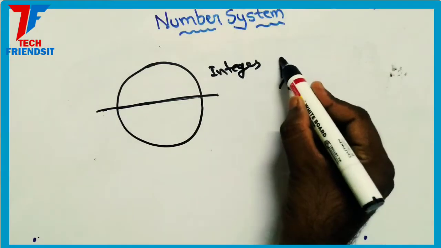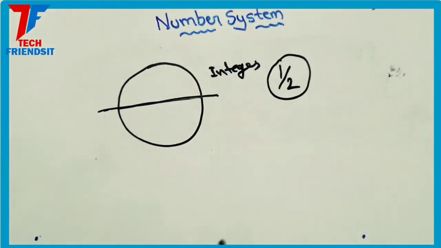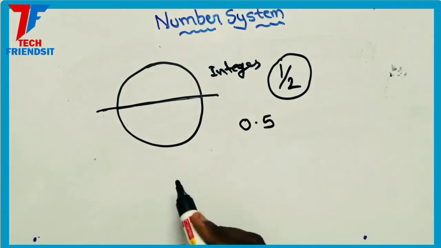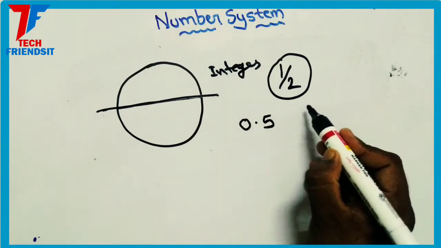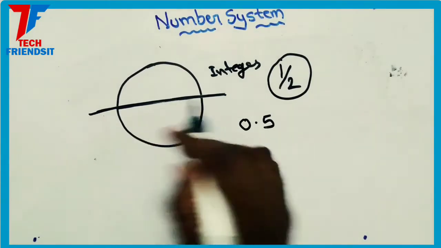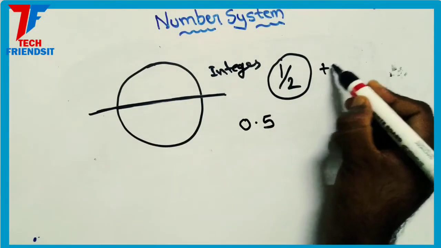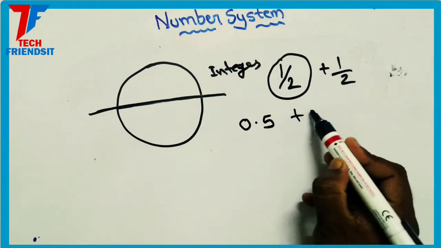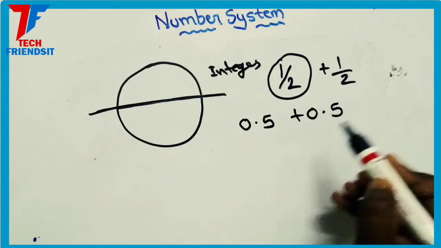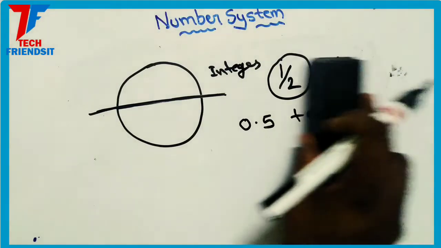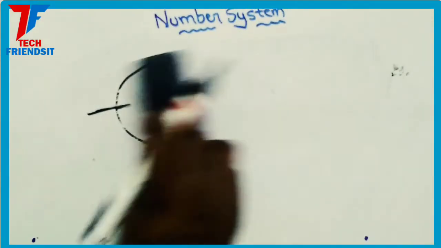We can convert this fraction into 0.5. So if we split the one cake into two pieces, it is called 1 by 2 plus 1 by 2. This is a fraction. 0.5 plus 0.5, this is called decimals. We can write like this. So now we will move into rational numbers.